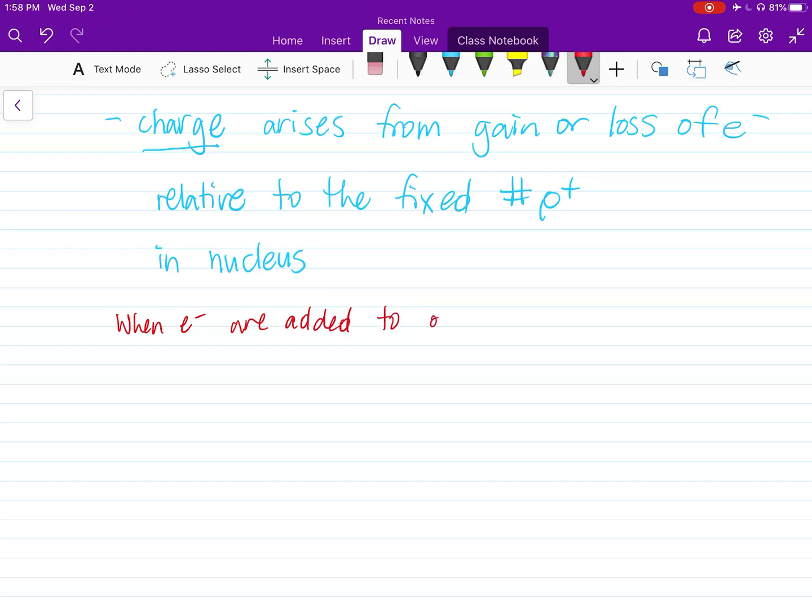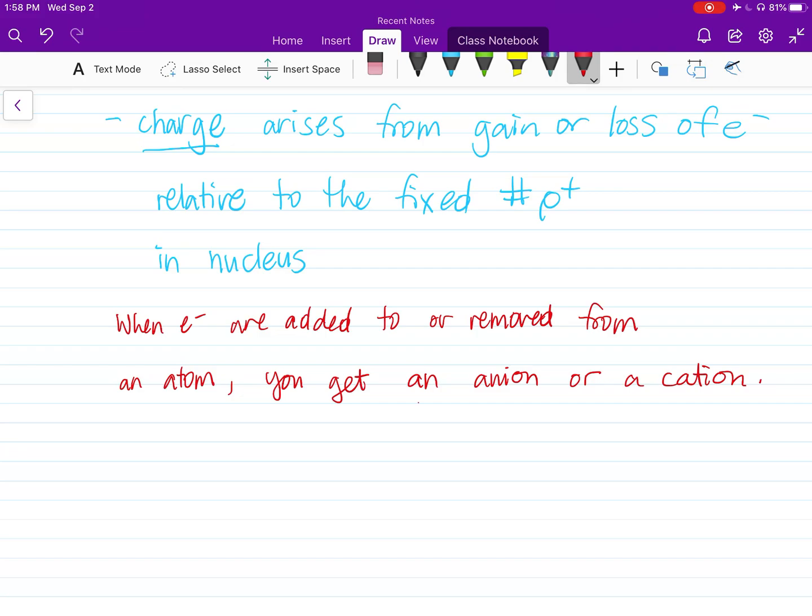So, saying that again, when electrons are added to or removed from an atom, you get either a negative ion, which is called an anion, or a cation.